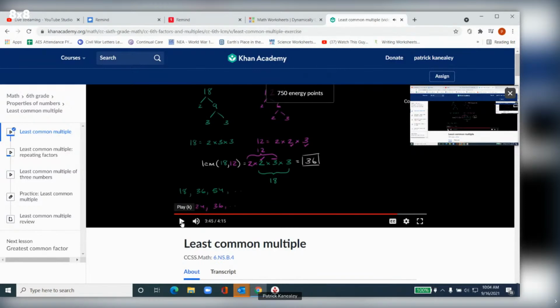Okay, so he's given us two ways to do it. The prime numbers we could talk about. A prime number, in case you don't know, is a number that only itself and one can go into.